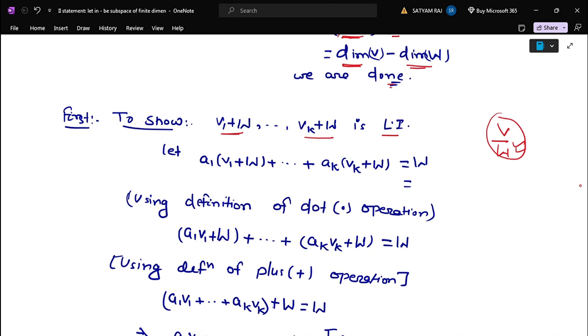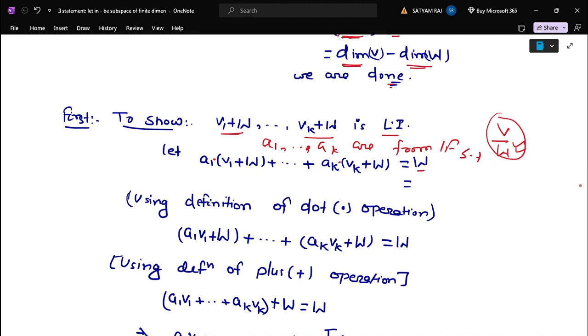So take arbitrary elements: let A1 to Ak be from the field such that A1 dot (V1 plus W) plus ... plus Ak dot (Vk plus W) equals 0.